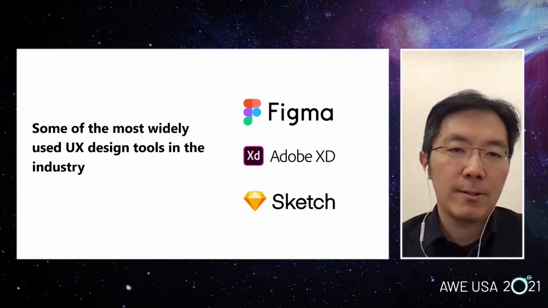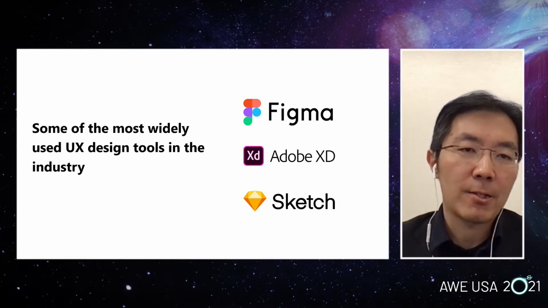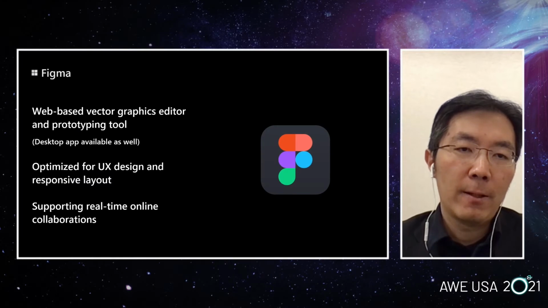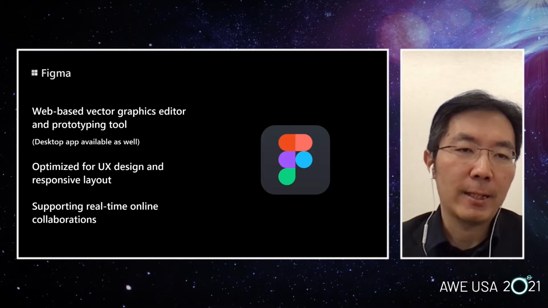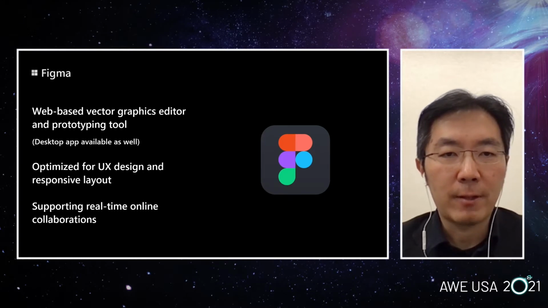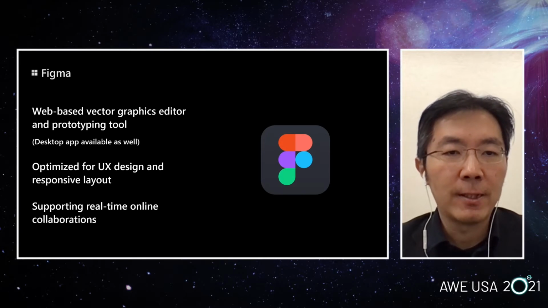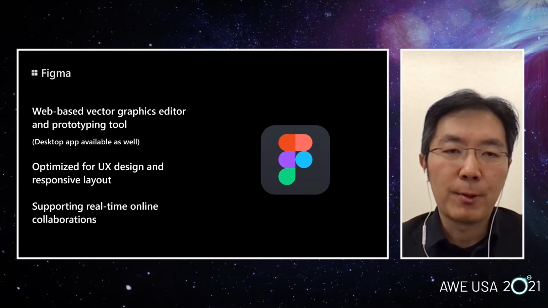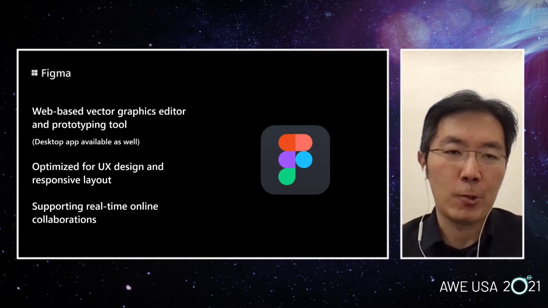They're really not optimized for UI layout or UX design. Some of the most widely used UX design tools in the industry are Figma, Adobe XD, and Sketch. Figma is one of the most popular tools in the UX design field, a web-based vector graphics editor. It also provides a desktop app version, and it's really optimized for UX design, especially layout and building out a UI.